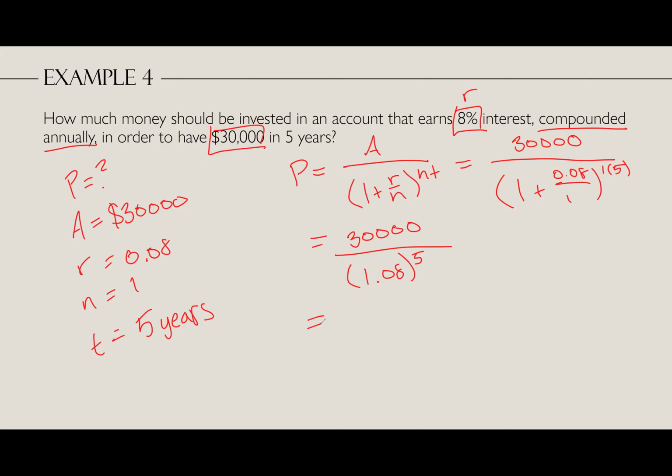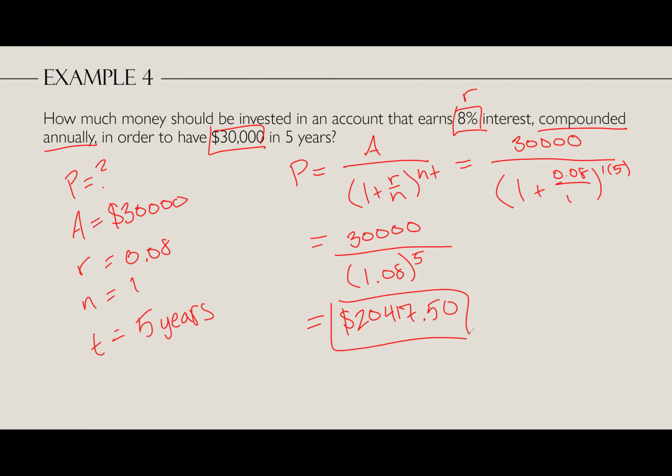Now, if I calculate this, 30,000 divided by 1.08 to the 5th power, we should be getting 20,417 and 50 cents. So, what does this mean?